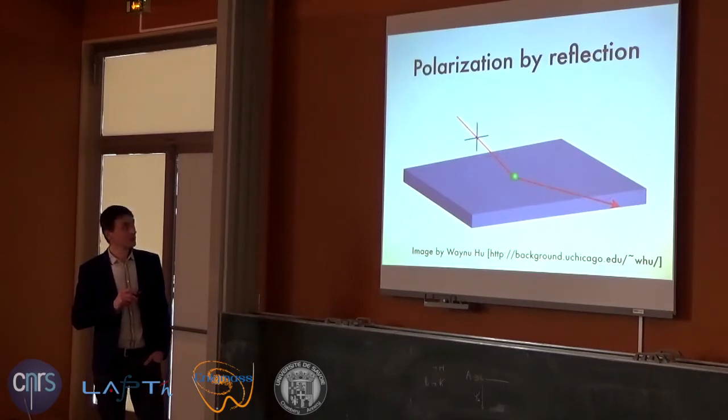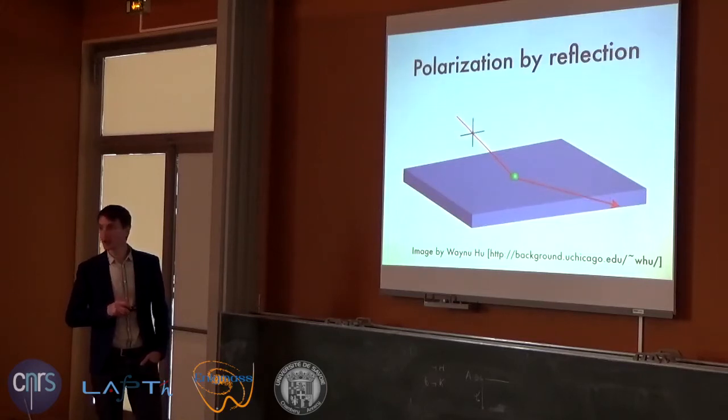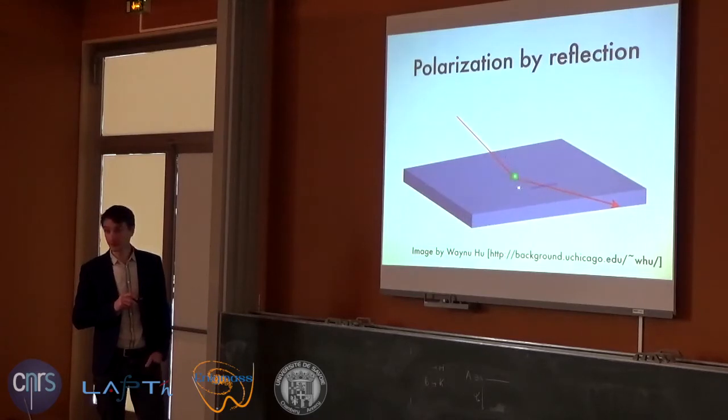You have isotropic radiation coming in. So this cross is not an individual photon, this cross is a collection of photons. And the two axes suggest that the photons have all orientations in their collection. But by the reflection, all the orientations that are perpendicular to the surface are reflected much less efficiently, or perhaps absorbed and then emitted as thermal radiation in a random direction.